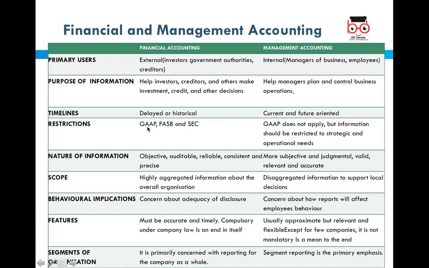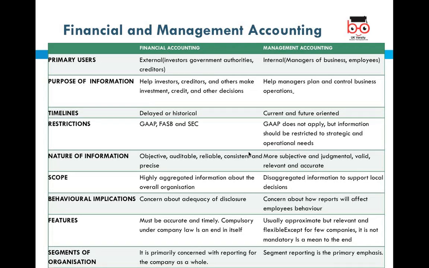And there is a restriction on financial accounting to follow generally accepted accounting principles and other criteria, but for management accounting there is no formula. It depends on the internal management, and it is very judgmental. It depends on the management accountant. Sometimes financial accounting is historical and derived, but management accounting reporting is based on the current and future prospects.